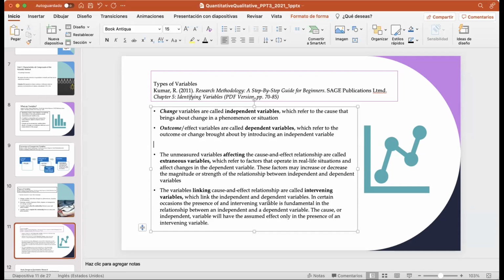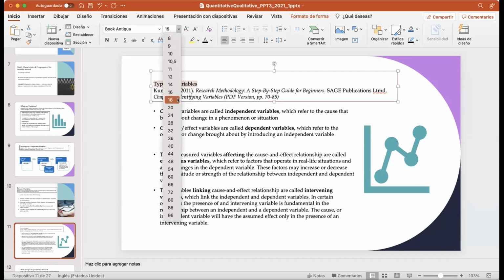The cause or independent variable will have the assumed effect only in the presence of intervening variables. So you will be reading in the different designs about independent variables, dependent variables, and other variables that help or affect that relationship.